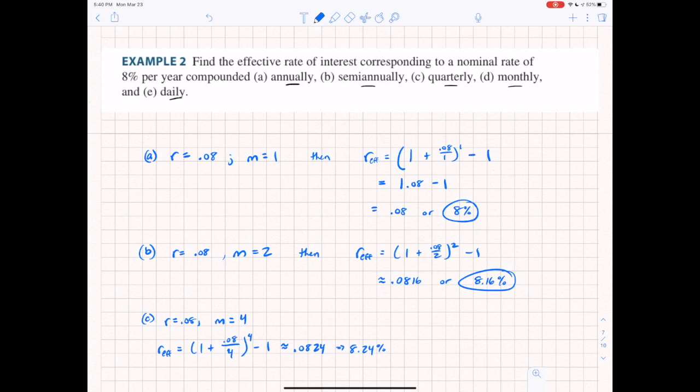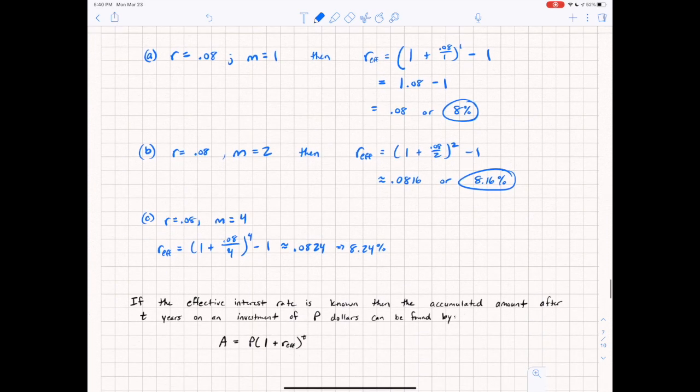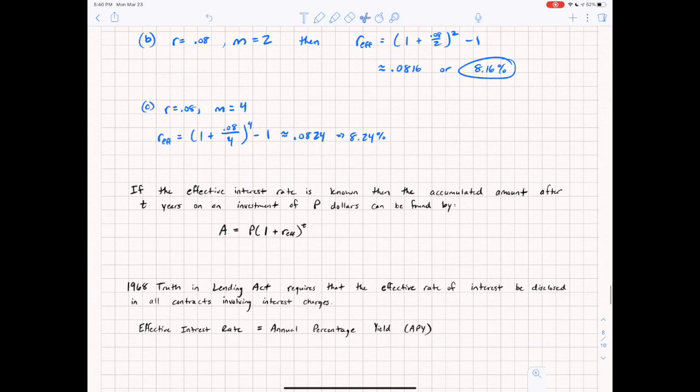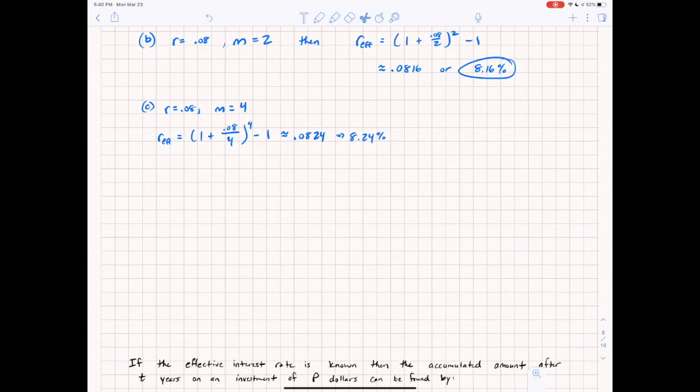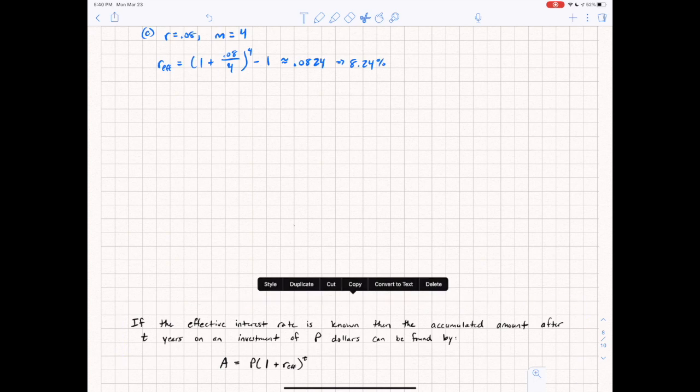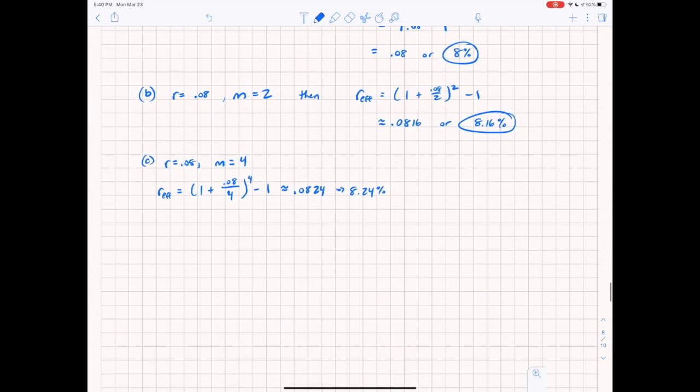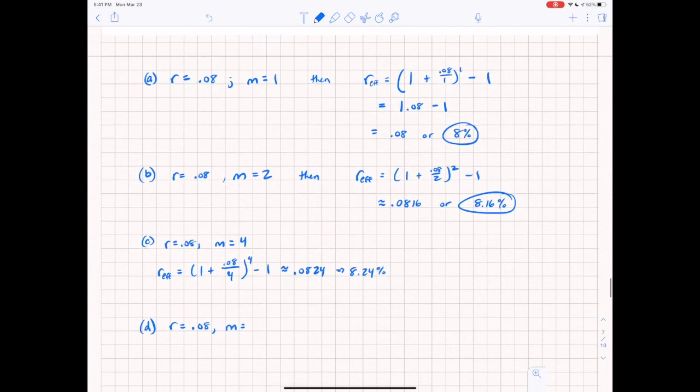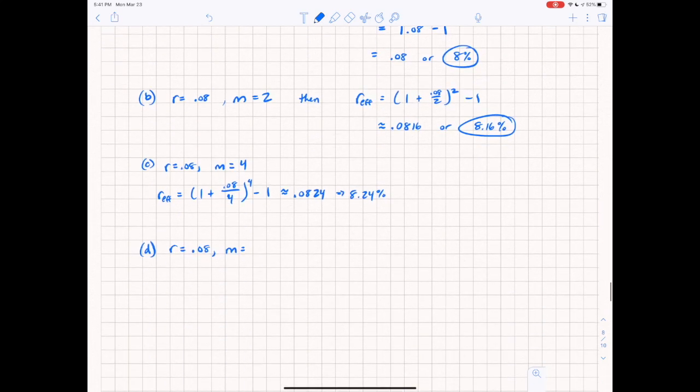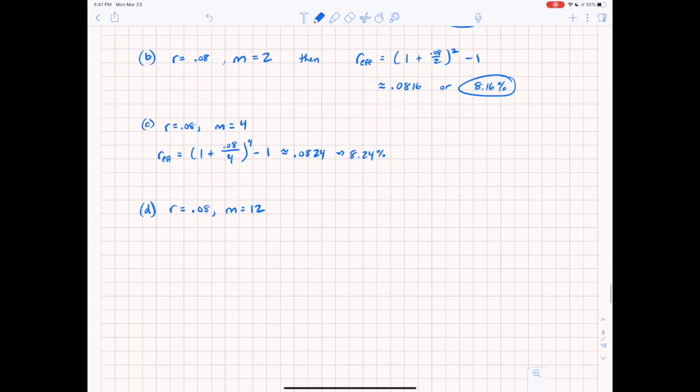For D, we're doing this monthly. So for D, my annual rate is 0.08, but this time we're compounding monthly. And so M is going to be 12.